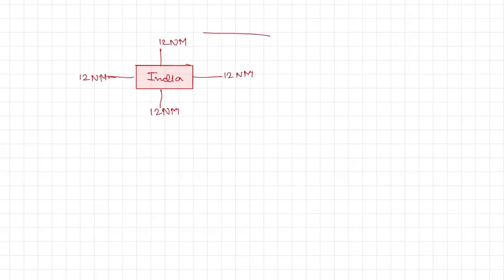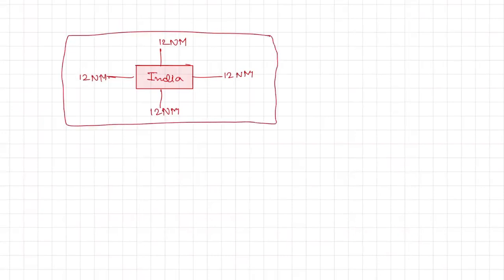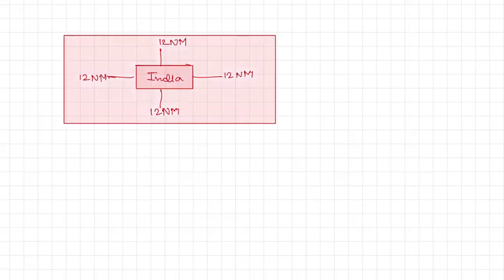Correct. So this is all under India. But when we move to customs, you will see that the territorial waters of India extend to 300 nautical miles. But no need to think right now about that. Just understand by this.